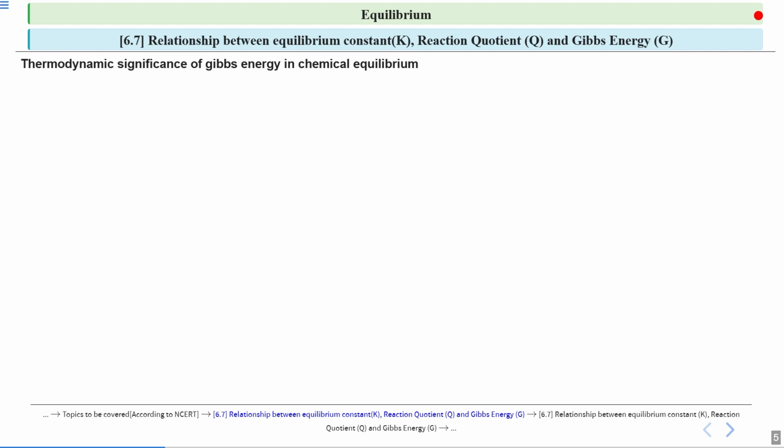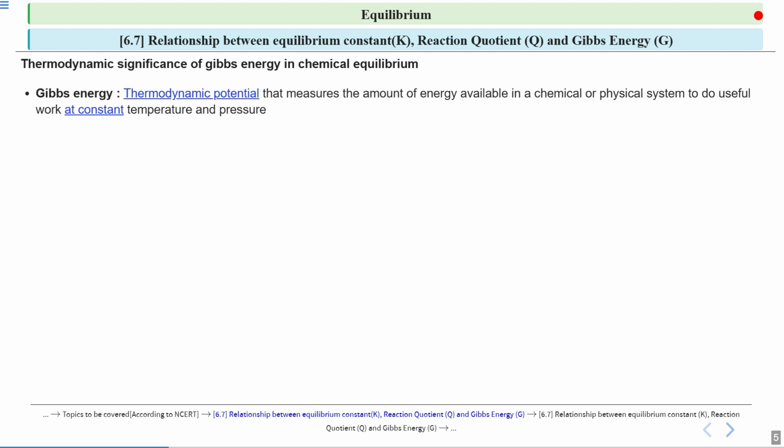First of all, we will talk about Gibbs energy. You can think of Gibbs energy as a thermodynamic potential. Suppose you are doing work which requires 5 kilojoule of energy and you have 10 kilojoule of energy. Then you will do the work easily. Consider a second case: you have 2 kilojoule of energy and you have to do the same work which requires 5 kilojoule.